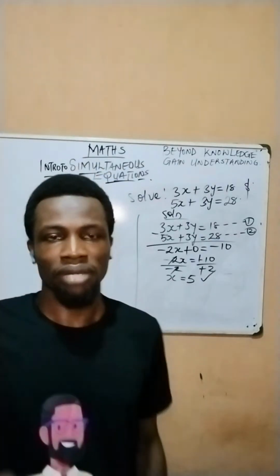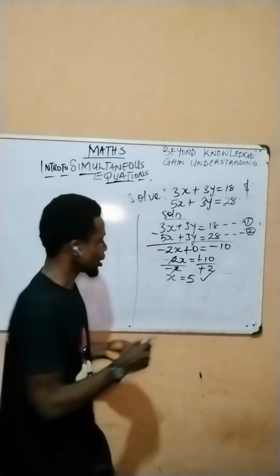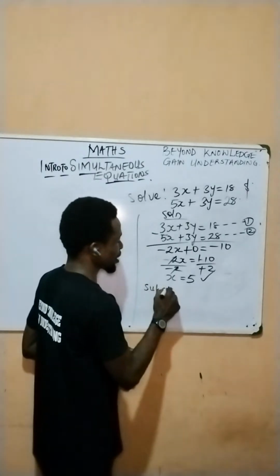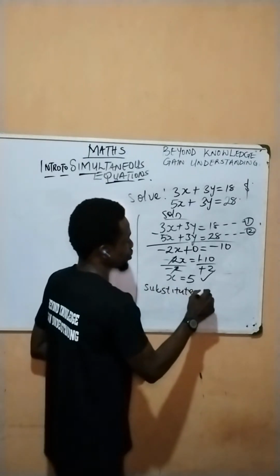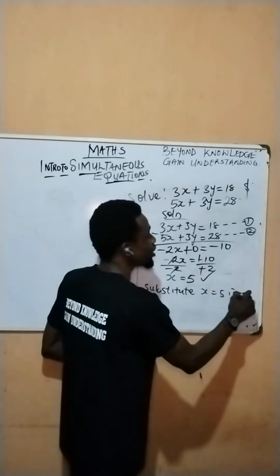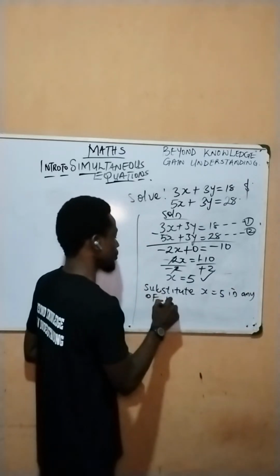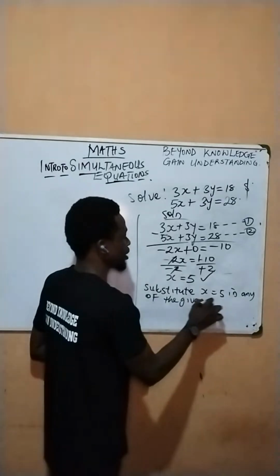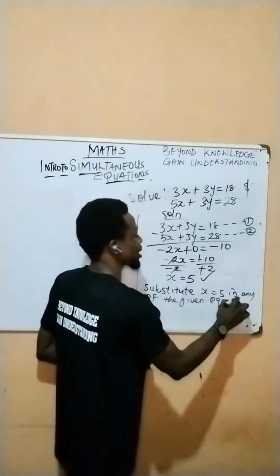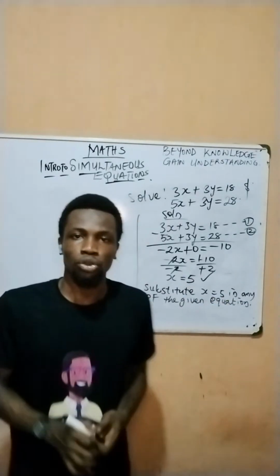Now over to the y variable. Like we always say, substitute. That's the next step. Substitute x equals 5 in any of the given equations. So you choose whichever one you want.